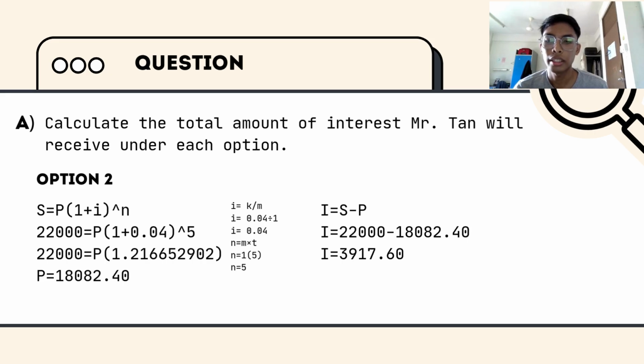So, in the end, the answer is 18,082.40. To find the interest, we will use the formula of I equal to S minus P. I equal to 22,000 minus 18,082.40. The answer is 3,917.60.